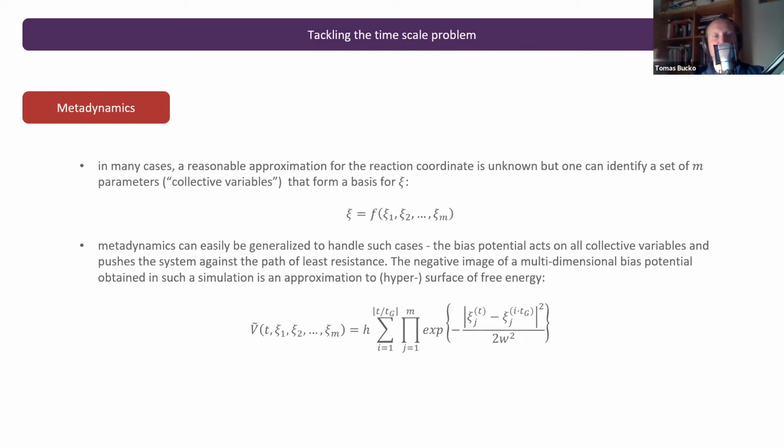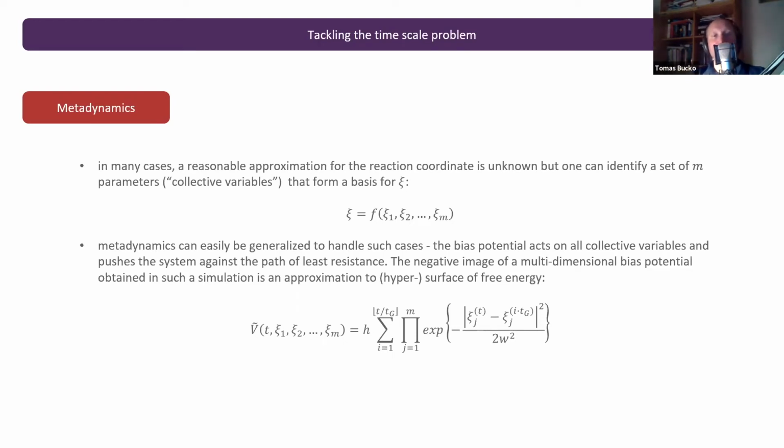Think of a process, for instance, where you break 3 chemical bonds, and at a certain point you form another 2 chemical bonds, and well, this process doesn't happen all at the same time. So there is a certain sequence in which bonds are broken and created.